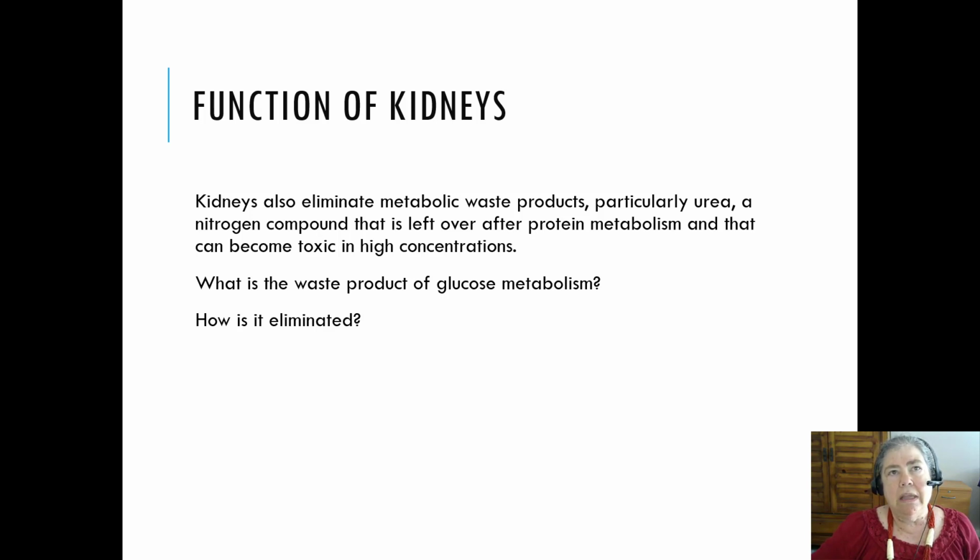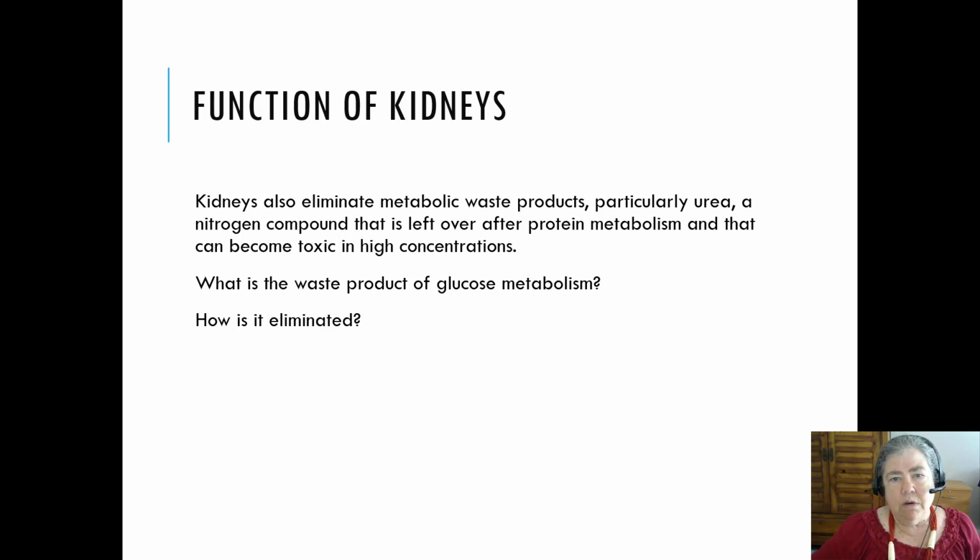And the one that we most often think of is a nitrogen compound called urea that is left over after protein metabolism. If urea builds up, it can become toxic. Urea as a nitrogen containing compound can become converted to ammonia, which is also very toxic.